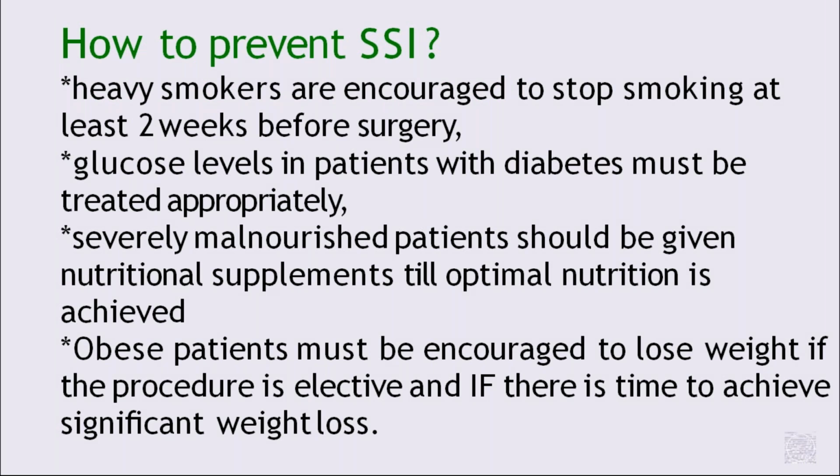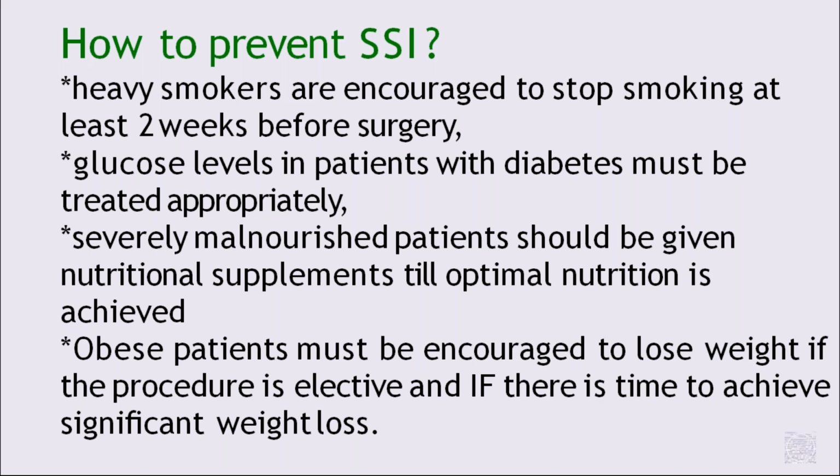So what is the way to prevent surgical site infections? Risk factors first. Smoking: heavy smokers are encouraged to stop smoking at least 2 weeks before the surgery. Next, glucose levels in patients with diabetes must be treated appropriately.